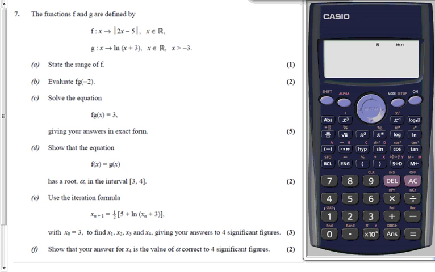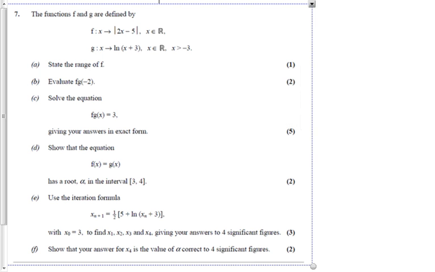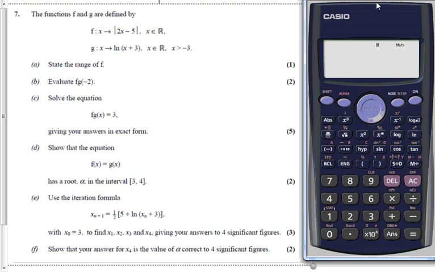Here is a little bit of technique for you to do these types of questions. x naught is equal to 3. So what I could do is put 3 and press equal. Now if I delete that, I can see that my answer button is 3. So that's my x naught.